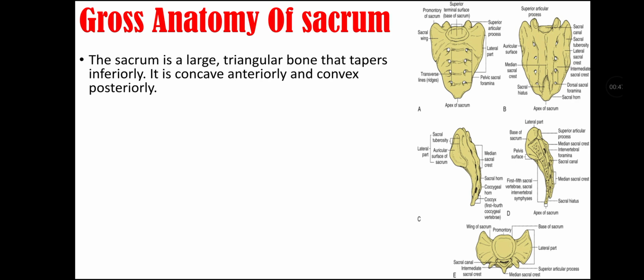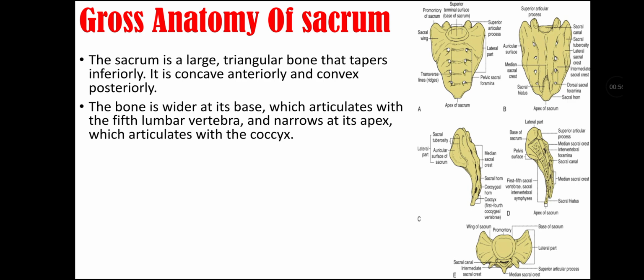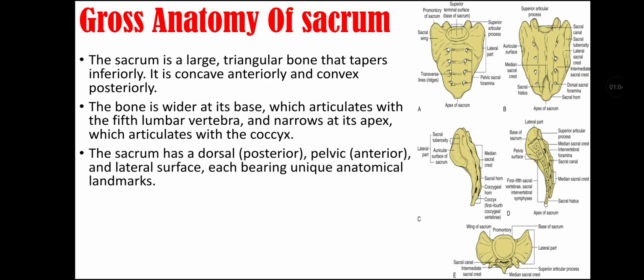Gross anatomy of sacrum. The sacrum is a large triangular bone, as you can see in the diagram, that tapers inferiorly. It is concave anteriorly and convex posteriorly. The bone is wider at its base, which articulates with the fifth lumbar vertebra, and narrows at the apex, which articulates with the coccyx. Sacrum has a dorsal, that is posterior part, pelvic, anterior and lateral surfaces.